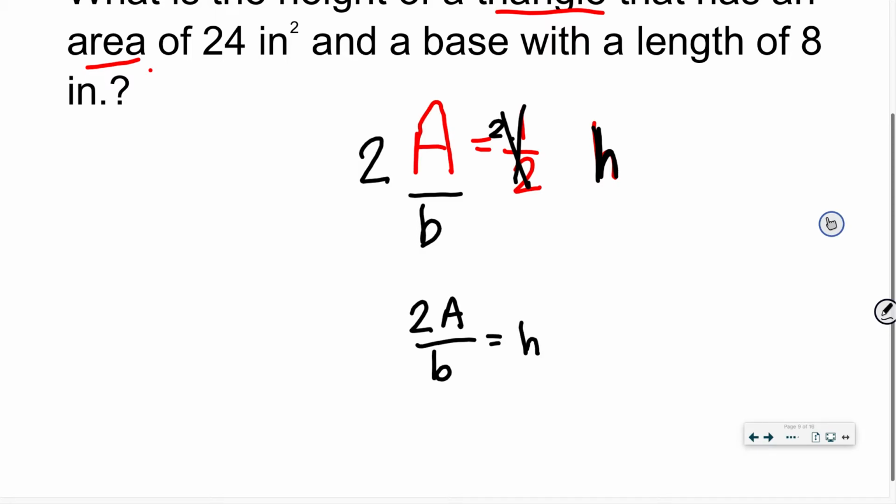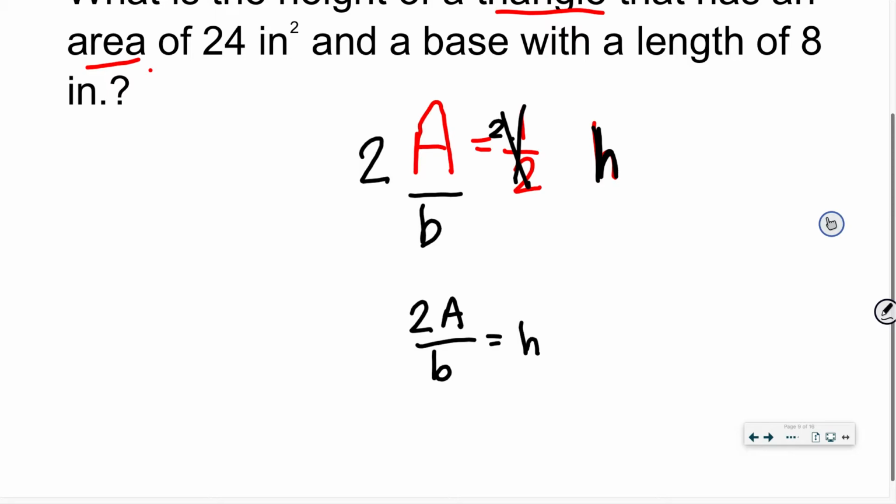So really all we did, we got h alone. We divided by the b. We divided by the half, which is the same as multiplying by 2. Now, if I have this formula, and I know that the area is 24 and the base is 8, what would you do with your literal equation to find the height?